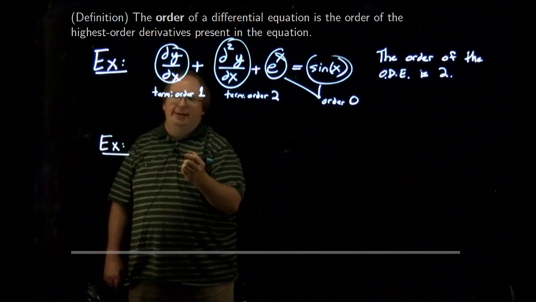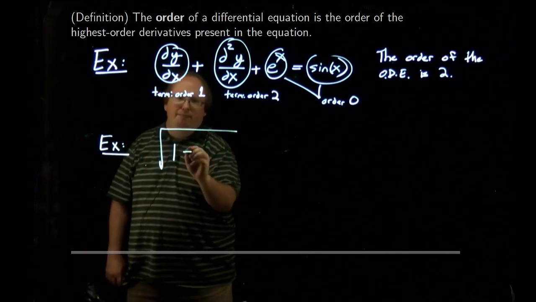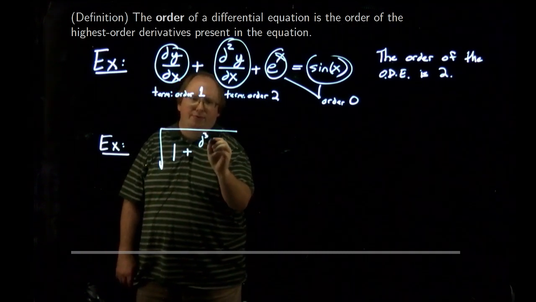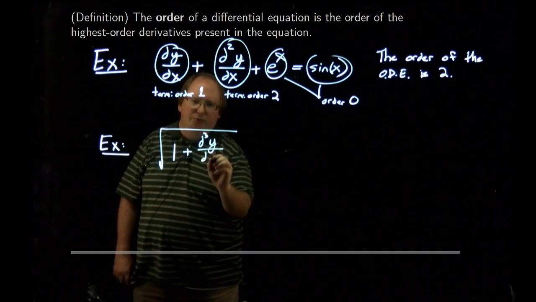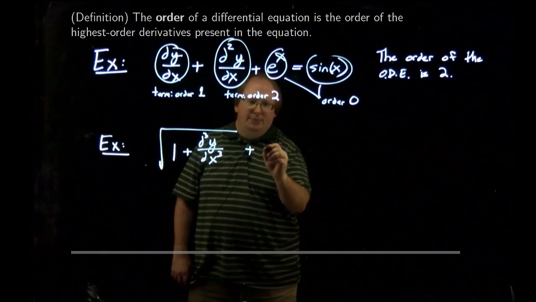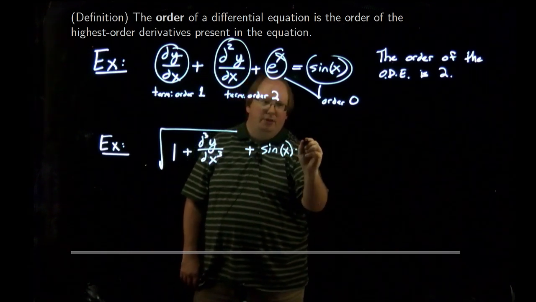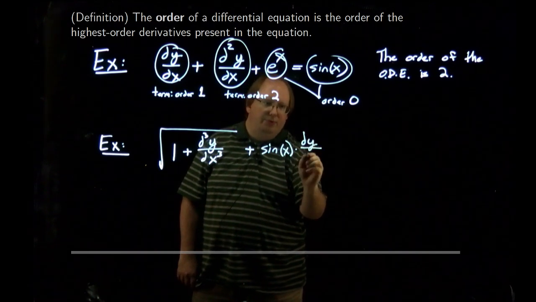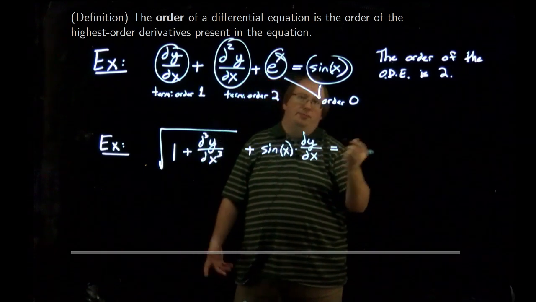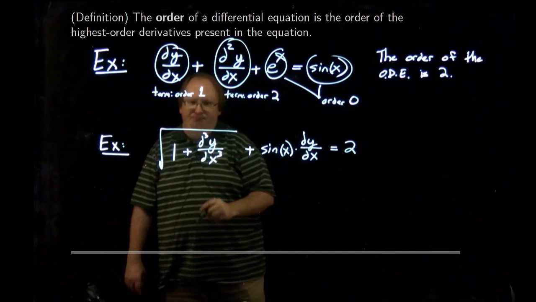if I look at something like the square root of 1 plus the third derivative of y with respect to x plus sine of x times the derivative of y with respect to x is equal to 2, what we can see is we look at each order.